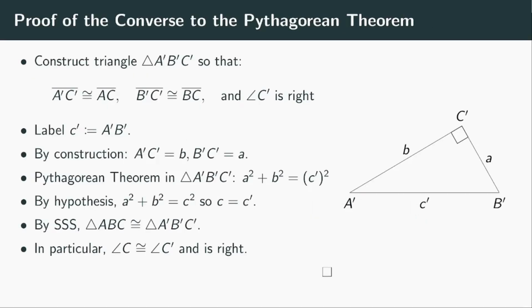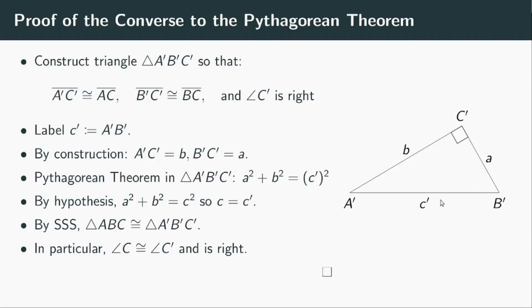So let's go ahead and prove this converse to the Pythagorean theorem. The idea of the proof is basically what we've been doing many times before. We take the information we have, and I want to construct a triangle A prime B prime C prime so that A prime C prime is congruent to AC, B prime C prime is congruent to BC, and the angle in C prime is a right angle.